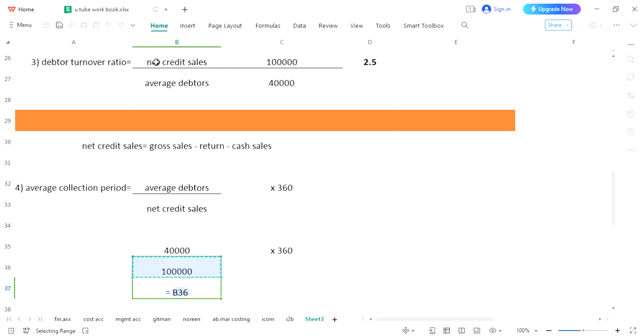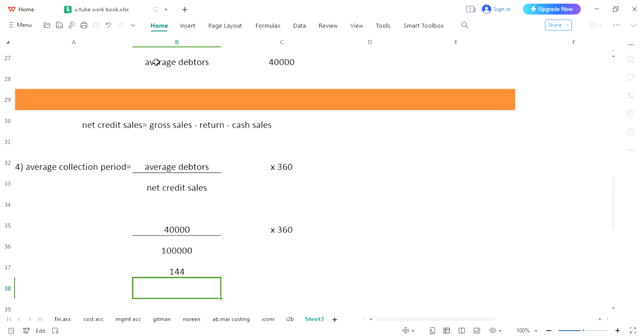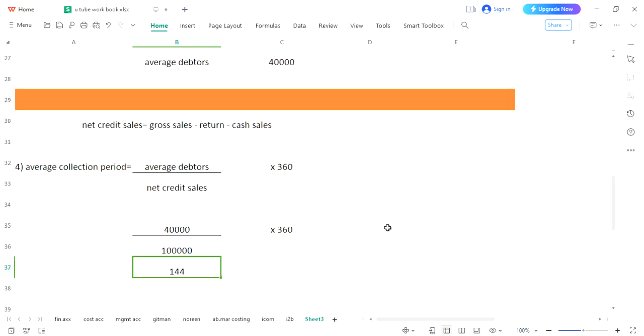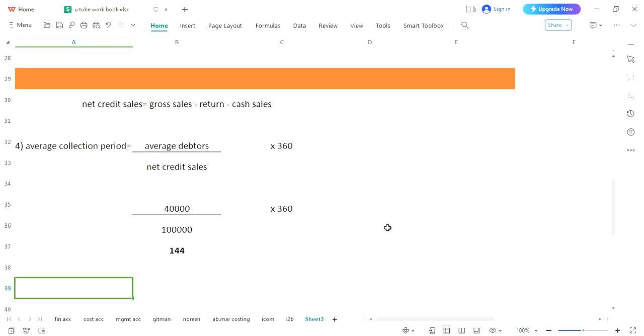So let's see, 40,000 divided by 1 lakh, and you need to multiply it with 360. Let's put the bracket. So we have got 144. Here is the average collection period, and that is 144 days. Fourth requirement is also completed.